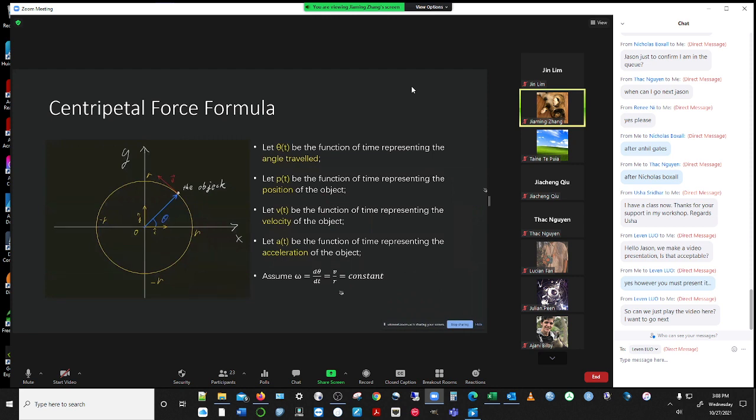Thank you, Jinru. And now, how do we find the centripetal force? To find the centripetal force, we can apply this rotation system to a coordinate system, where the center of this circle is 0, 0, and the radius of this circle is r.